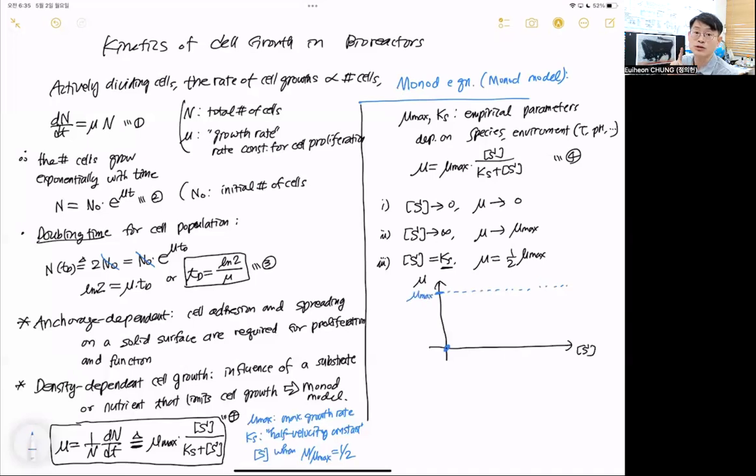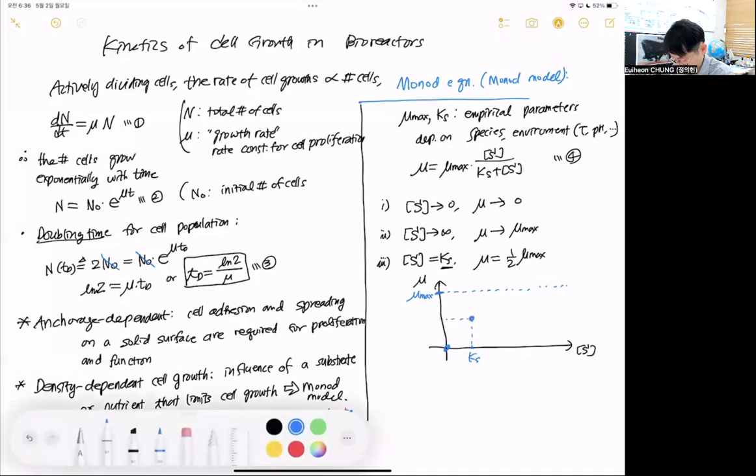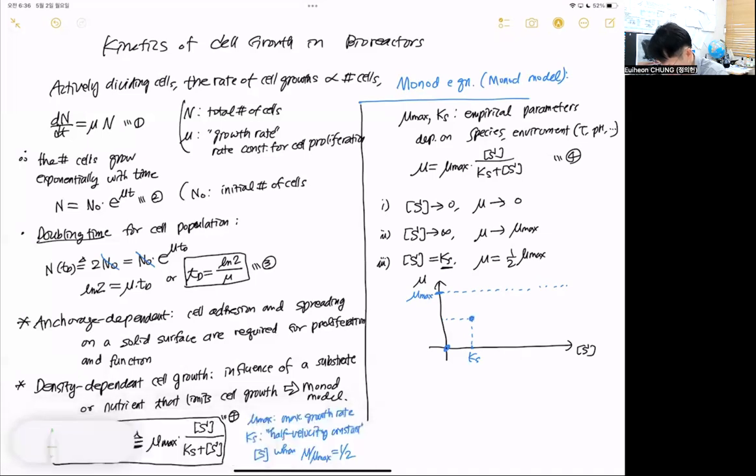When substrate concentration is Ks, you find half of this. So you can see the graph will look like this, and of course, it's asymptotically approaching the maximum.